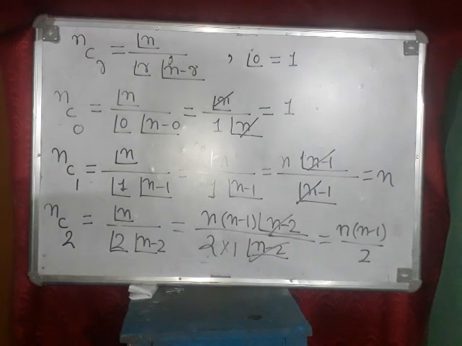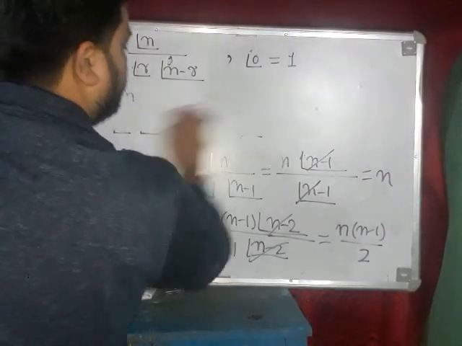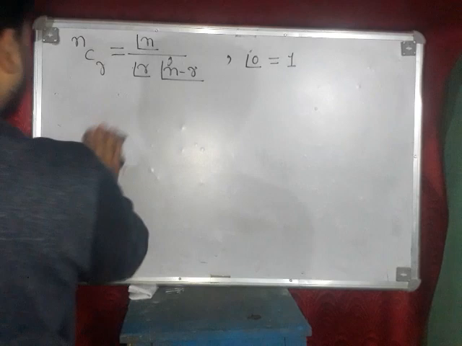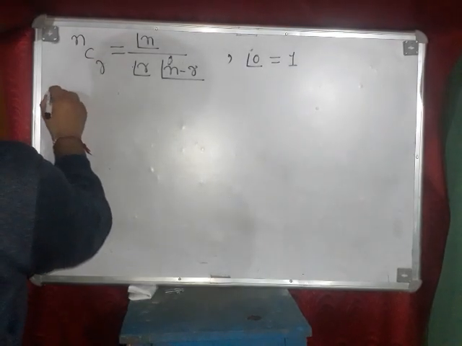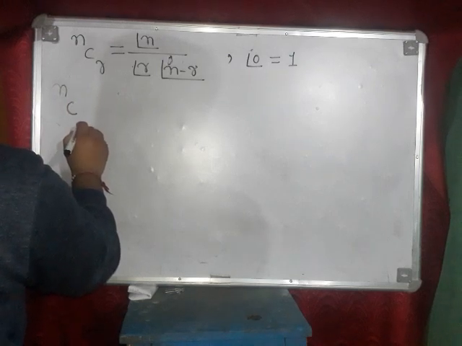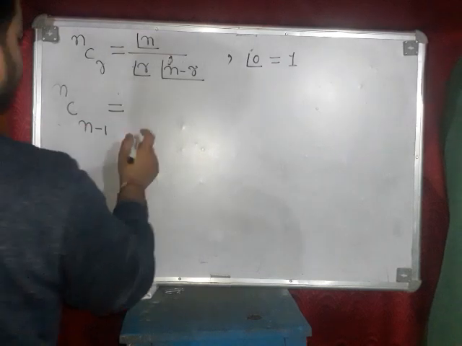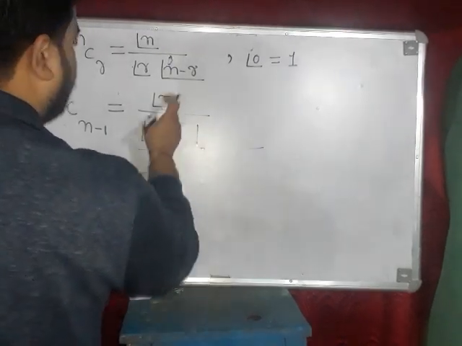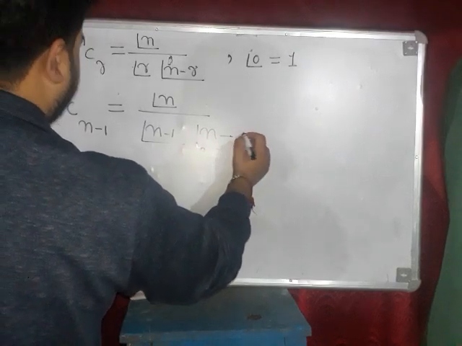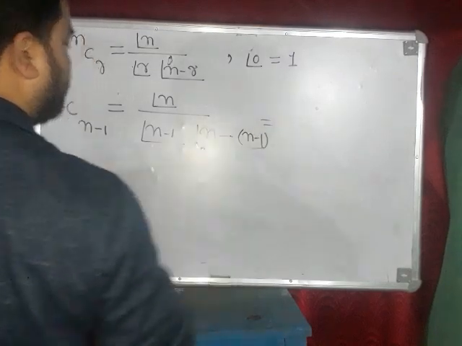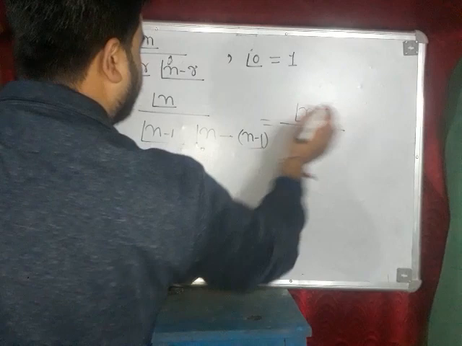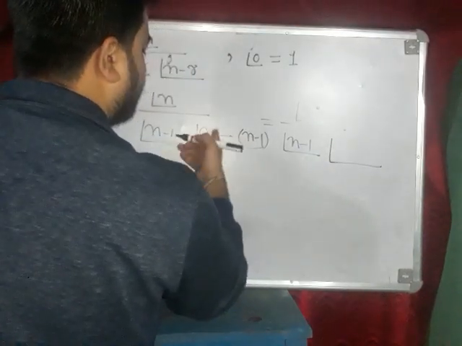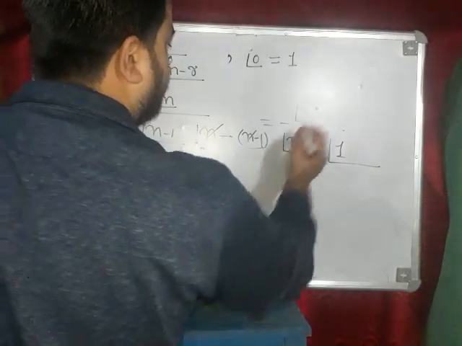Next formula, nC(n minus 1). Applying the combination formula, factorial n upon factorial n minus 1 into factorial n minus r, here r is n minus 1, so factorial n minus, n minus 1, that is minus minus plus, factorial 1.